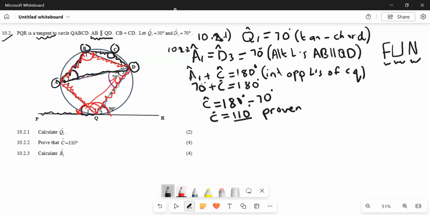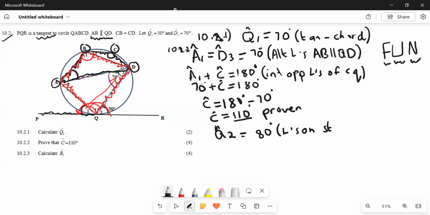So now we can say Q2 is equal to 80 degrees, right? And the reason: angles on a straight line.